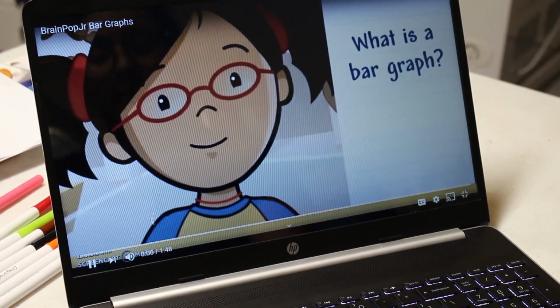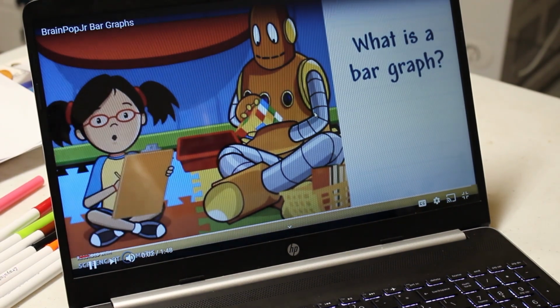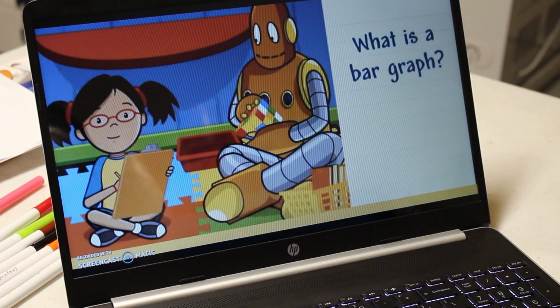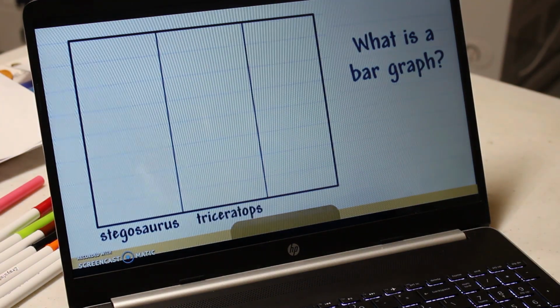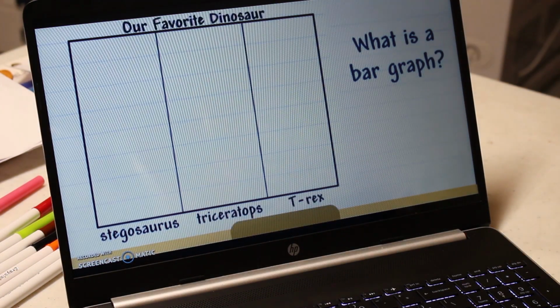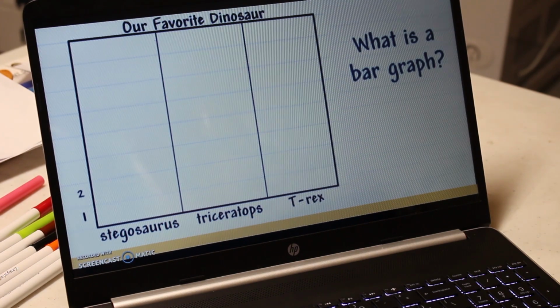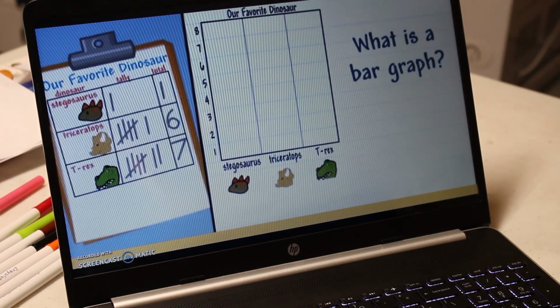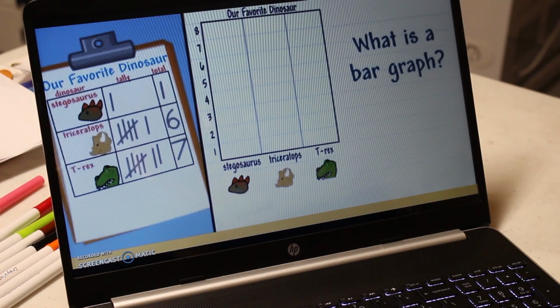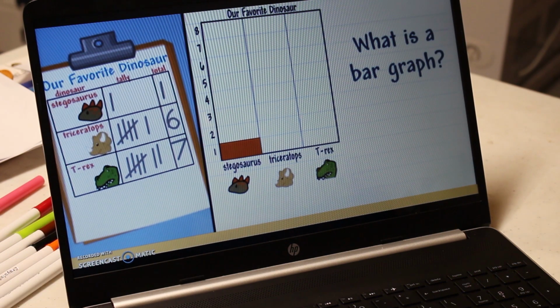This is a little bit of the... A bar graph is a way to organize and show data. You can write the categories on the bottom. The 3 dinosaurs are the categories. Then you can write the numbers on the side. The numbers in our bar graph show how many people voted for each dinosaur. Let's see. One student liked the Stegosaurus the best. That they have a frequency table, 6 people voted for it, making the bar graph.